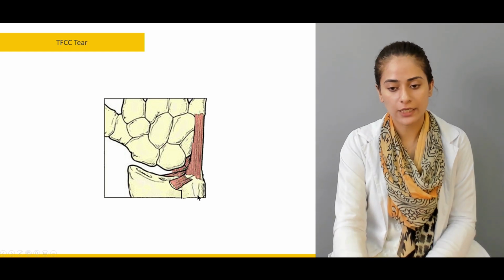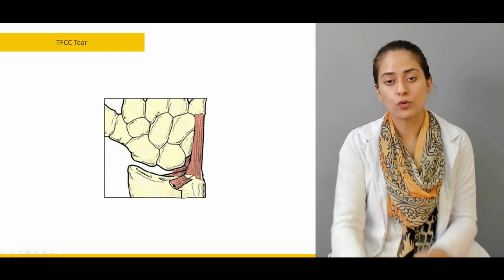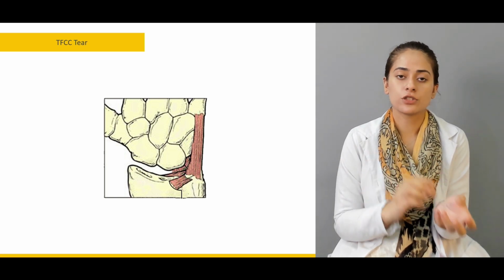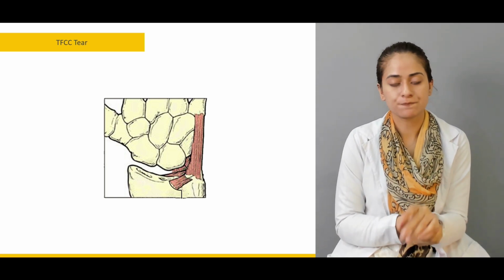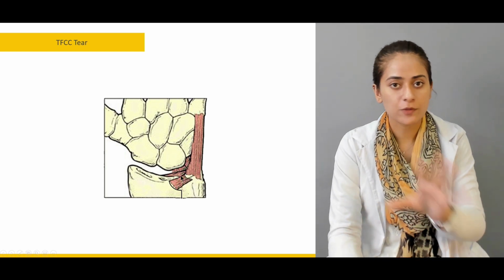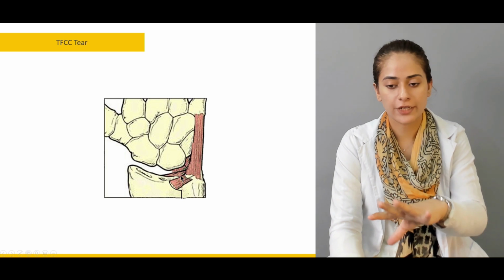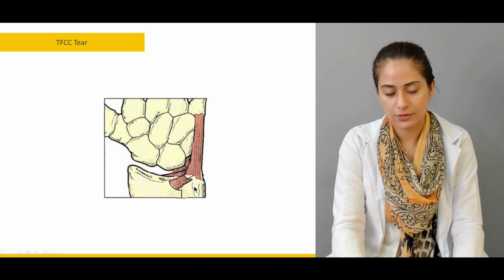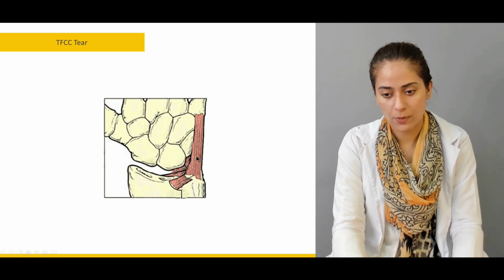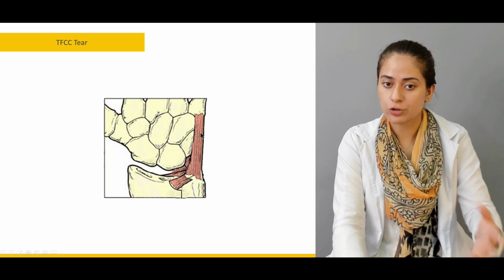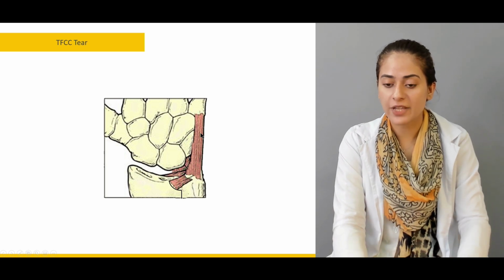This is the ulna and the radius, and joining the 2 distal portions of the radius and ulna is the radio-ulnar ligament. So again, a ligament connects a bone to another bone. Right above the ulna bone is the ulnar collateral ligament, also part of the TFC complex.